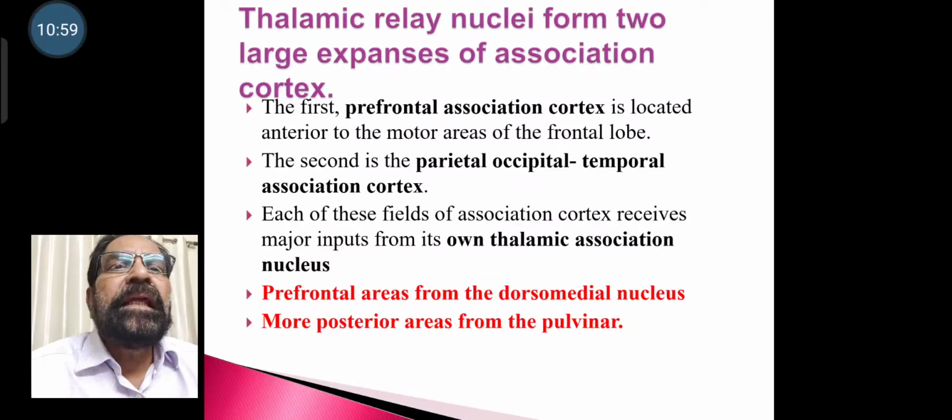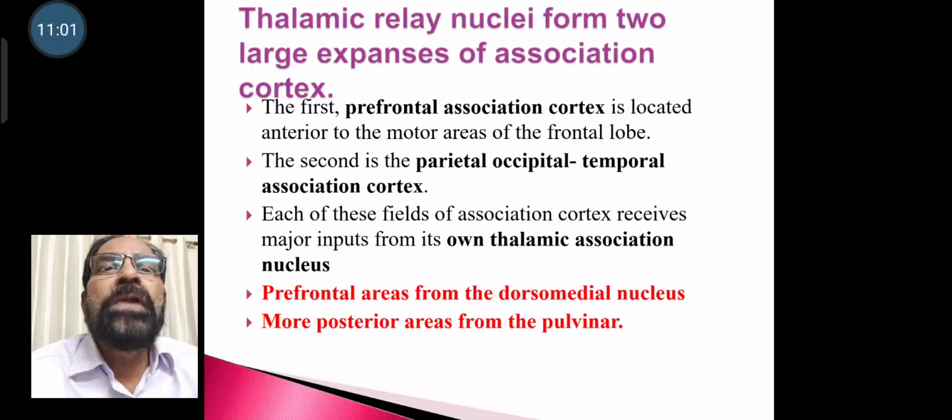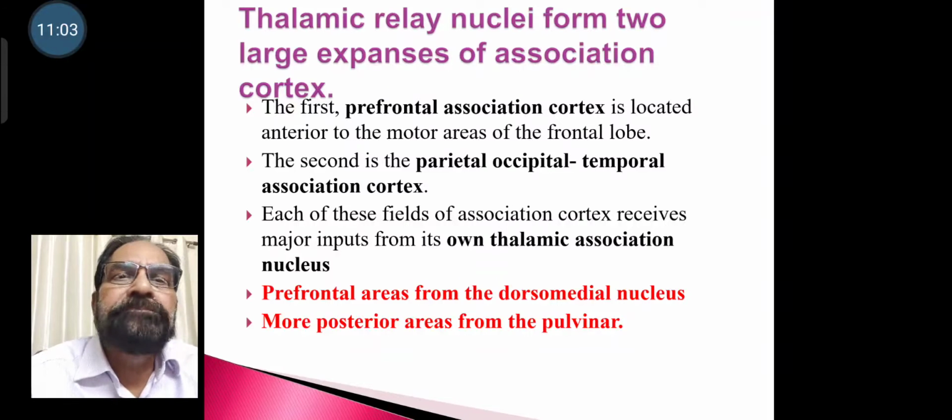So thalamic relay from two large expanses of association cortex. The first area is prefrontal association cortex, and this is located anterior to the motor areas of the frontal lobe. The second one includes the parietal, occipital, temporal association cortex.